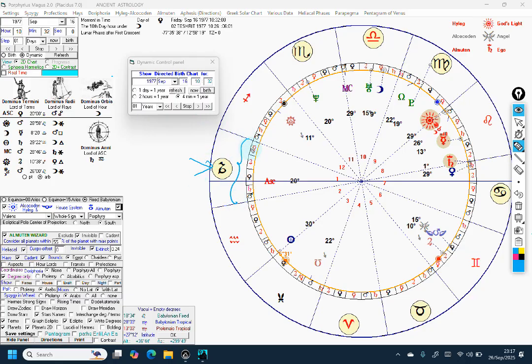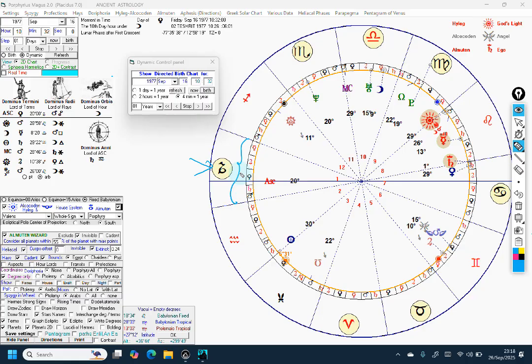Every sign is divided into five unequal bounds. So when we talk about Capricorn, you have Mercury, then Jupiter, then Venus, then Saturn, and then Mars. So that way, every zodiac sign is divided into five bounds.